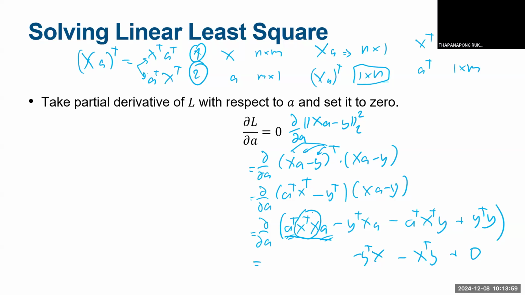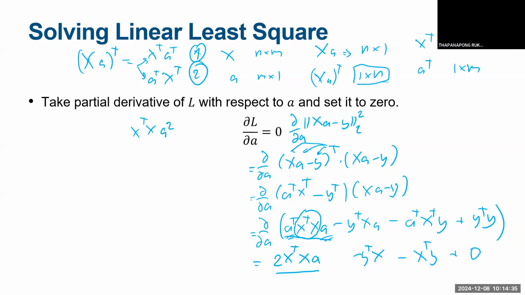So this becomes like A transpose X times A squared. When you take the partial derivative, you get 2XA. Did you get this? Okay.